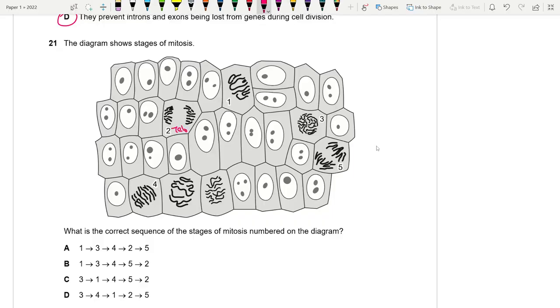Clearly, this looks like telophase. This looks like anaphase. They're moving. So it is bound to be 5 followed by 2, not 2 followed by 5. So 5 comes first, then 2. It's between B and C. Now between these, it's either 134 or 314. Metaphase isn't really shown here, is it?